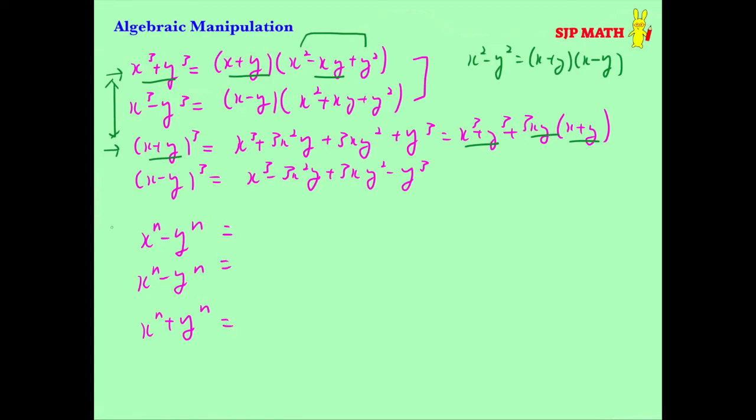For the first one, it's any n. For the second one, it's for even n. And with the third one, it's odd n. So we're going to see what they are.